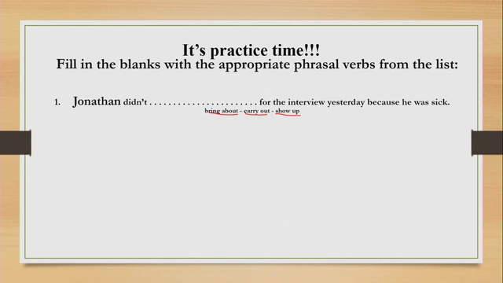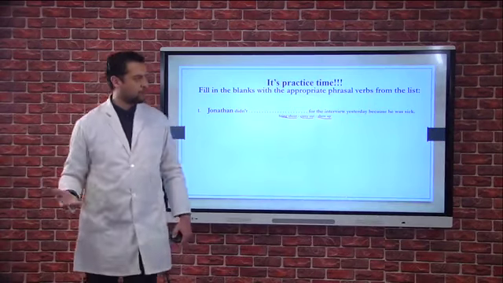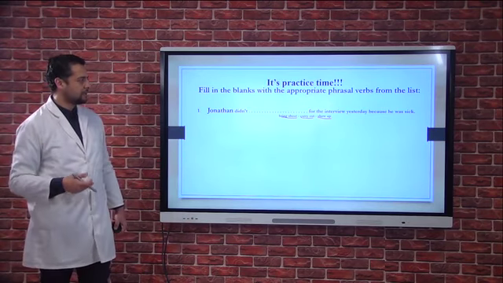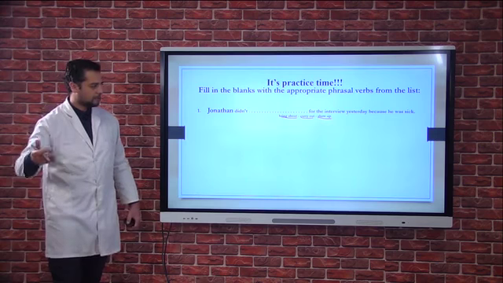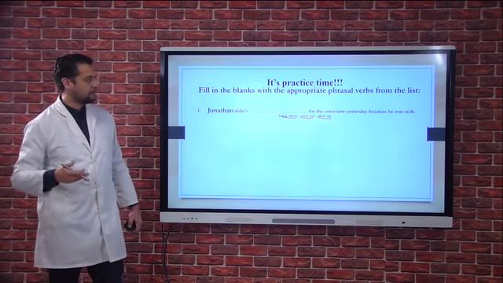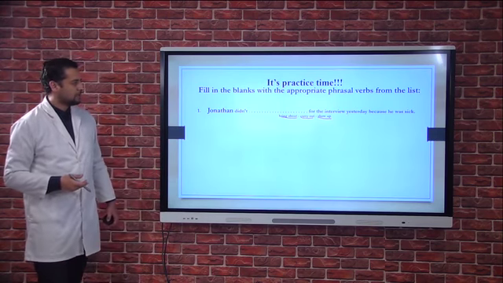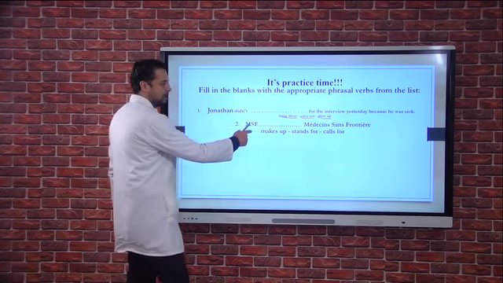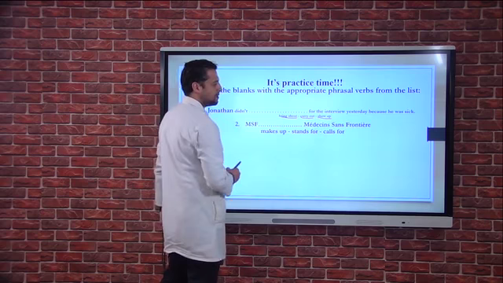What I advise you to do is use your dictionary to look for words that you don't understand. I think you have many online dictionaries as well as dictionaries that you can buy from bookstores, right? The second sentence here is MSF, right? As you can see, we have space here. We have Médecins Sans Frontières.